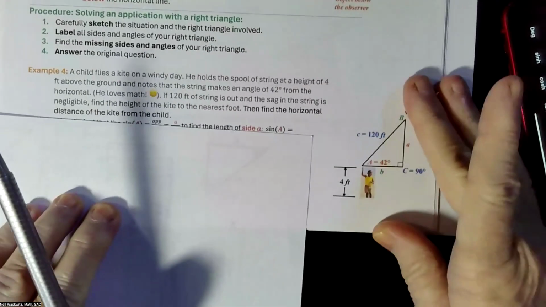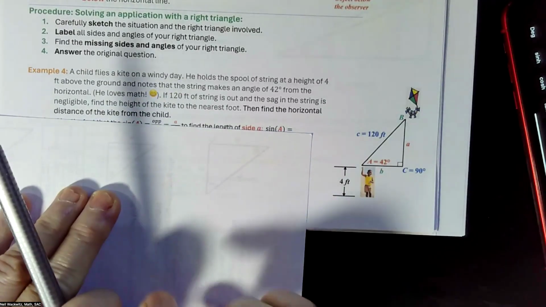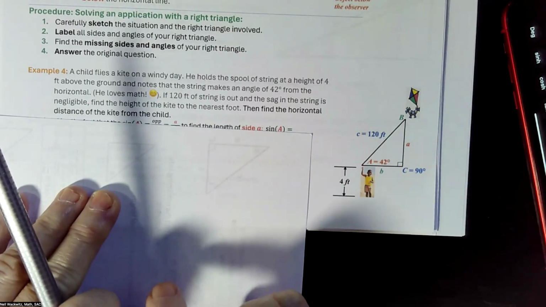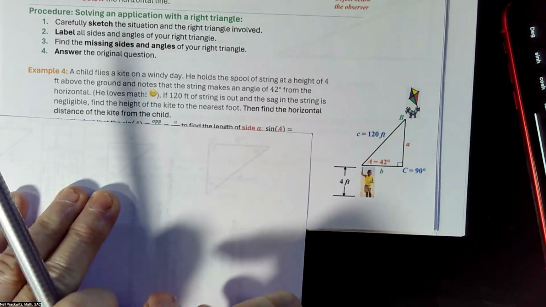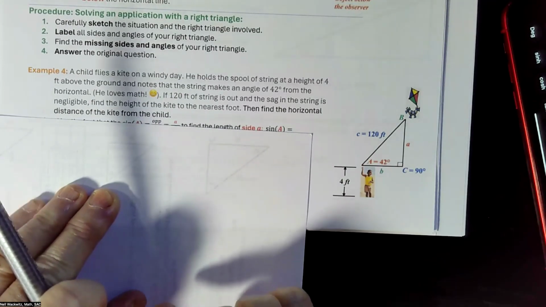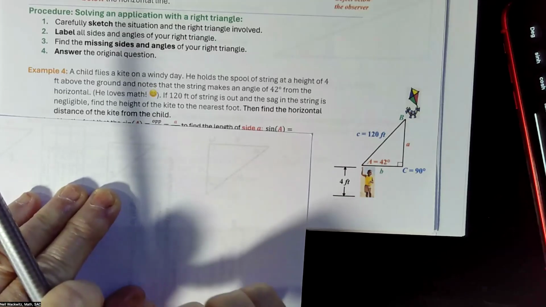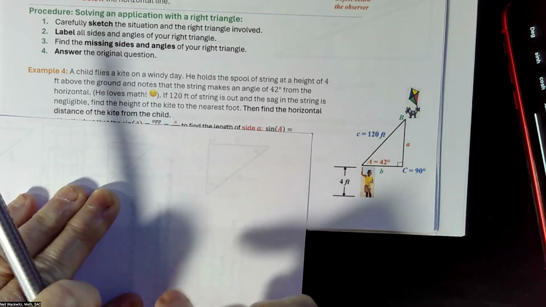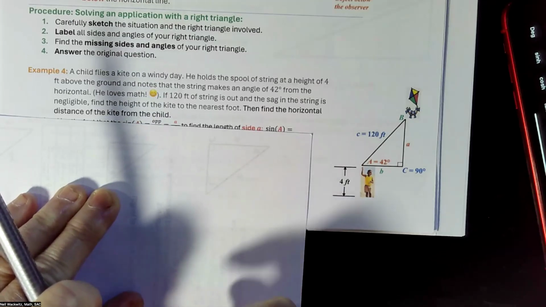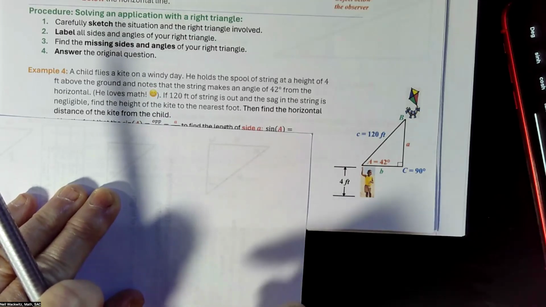We have a child flying a kite on a windy day. He holds the spool of string at a height of 4 feet above the ground and notes that the string makes an angle of 42 degrees from the horizontal. He loves math. He has 120 feet of string out, and the sag is negligible, so it's pretty taut.